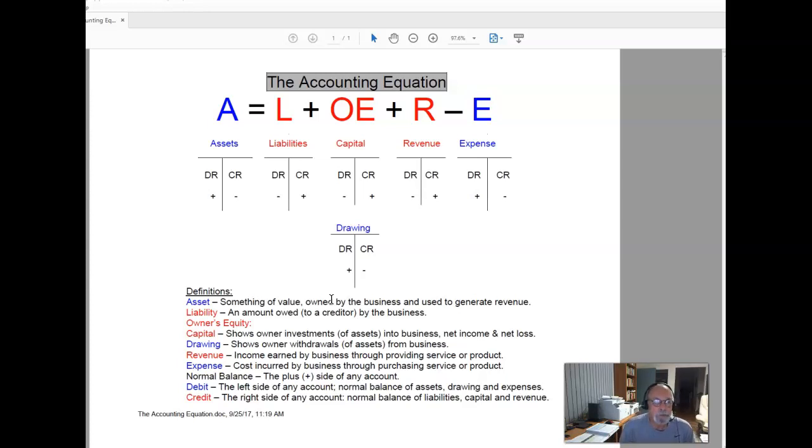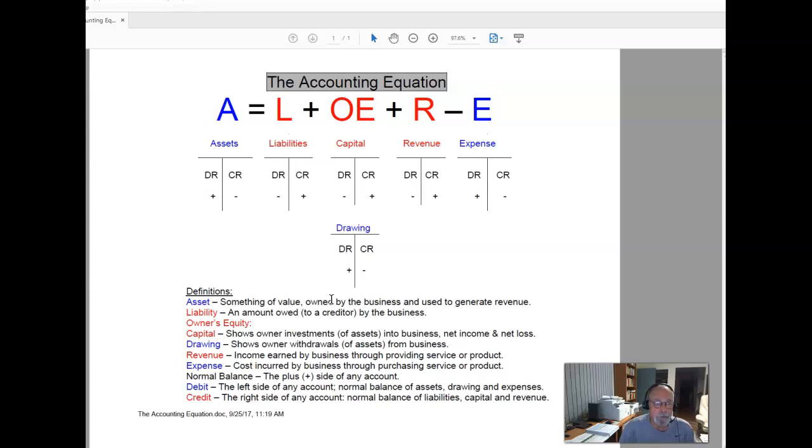And I think it's obvious why they're referred to as T accounts, because each one of those looks like a T. And notice that for each T account, we have a debit on the left side and a credit on the right side.